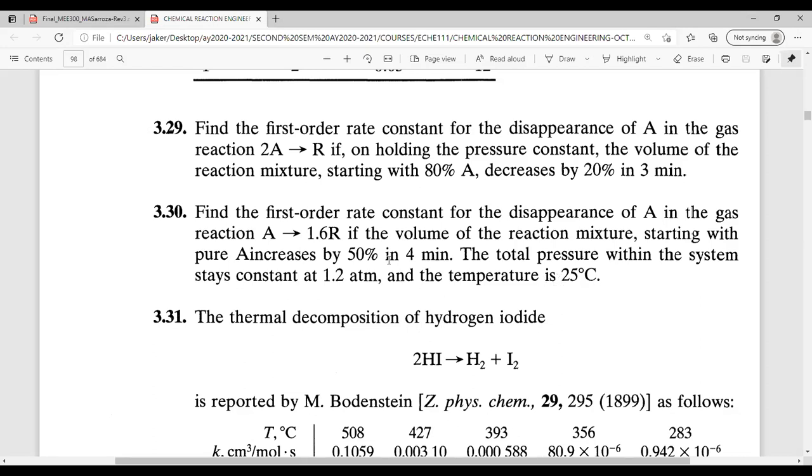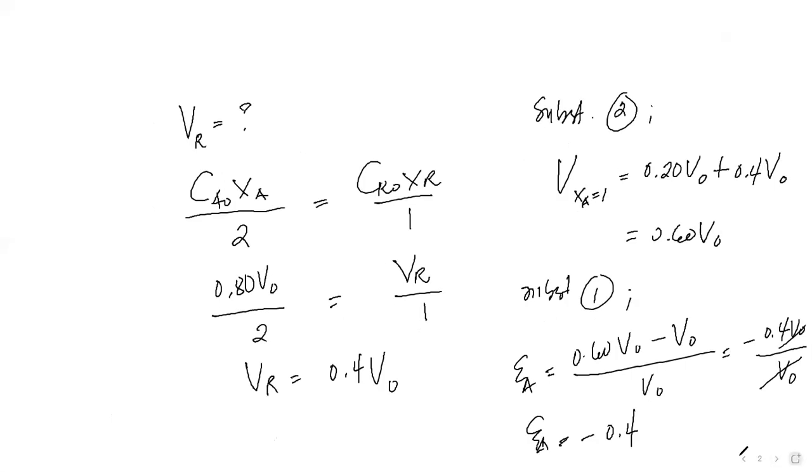So we will write down the solution to this problem here. Let's go back to our board. We start off with the given. It's asking for the first order rate constant. So then you have a first order reaction. Now your stoichiometric equation is unlike the other stoichiometric equations provided to you, because this time you see a coefficient that is not a whole number.